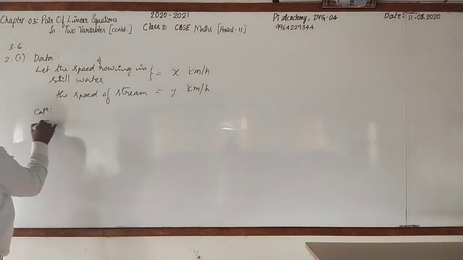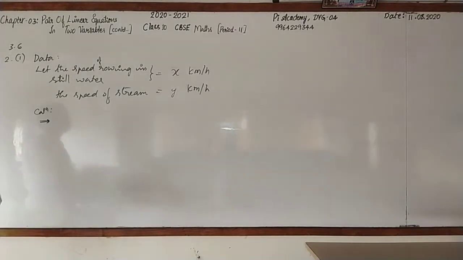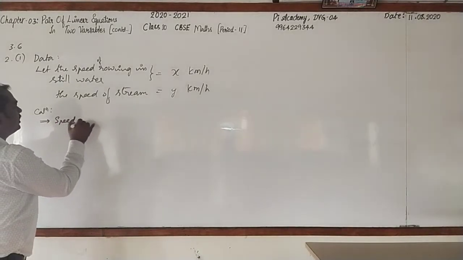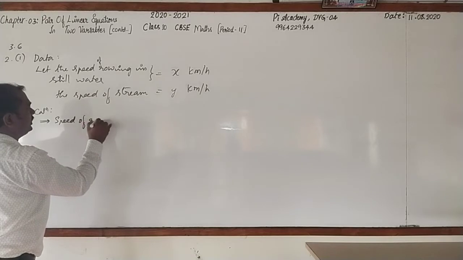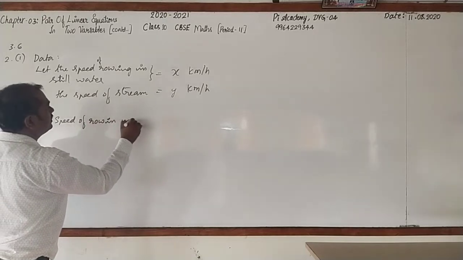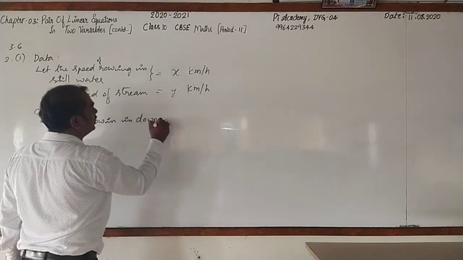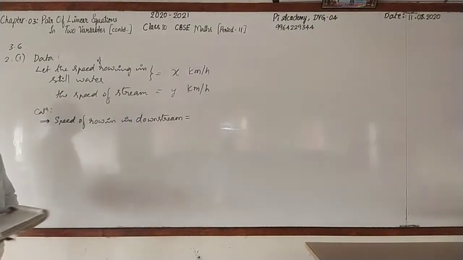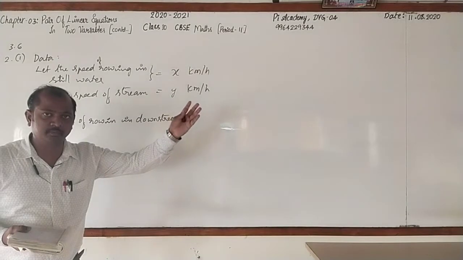What is our speed in upstream and downstream? We should come to know both of these. Here I write the speed of rowing in downstream. How much? Here, the running water speed is y kilometer per hour.